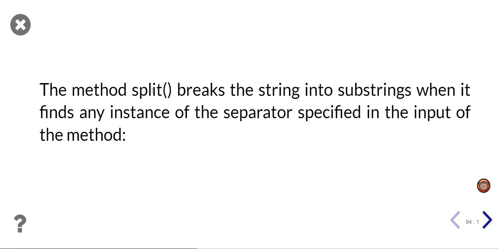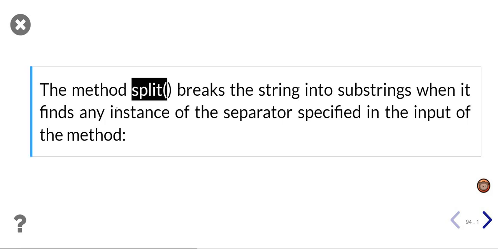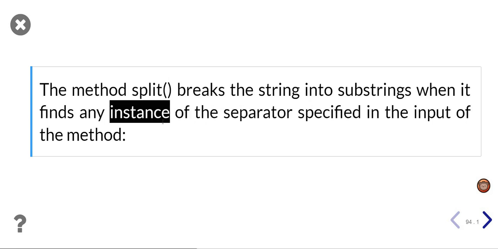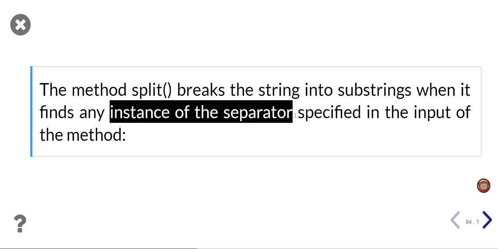There's another method which is known as split. It breaks the string into substrings when it finds any instance of the separator specified in the input. Usually, have you seen the comma separated CSV files? You can actually define the type of separators that you want to use.